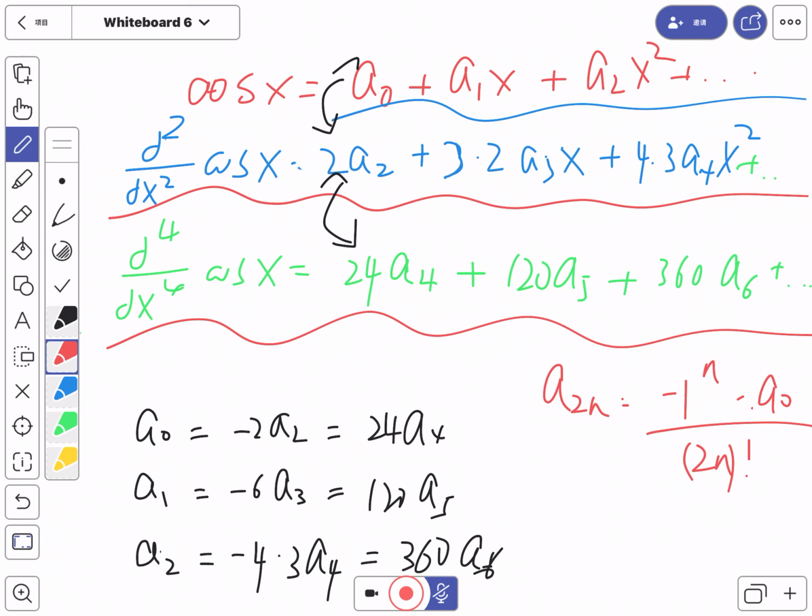This is a generalization, and for a1 and a base 2n plus 1 we can also make one.